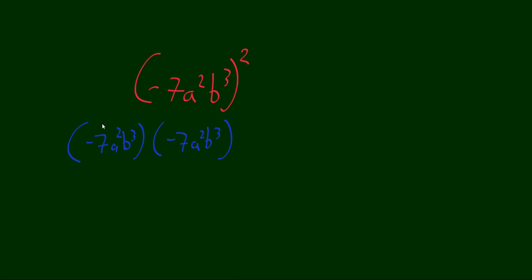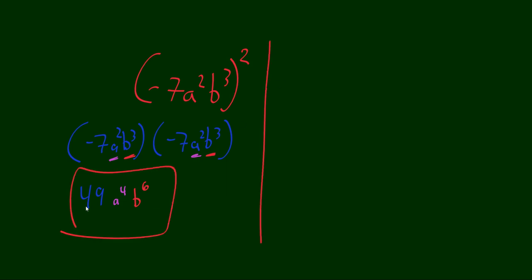You do negative 7 times negative 7 is 49. A squared times a squared is a to the 2 plus 2, which is a to the 4. And b cubed times b cubed is b to the 3 plus 3, which is b to the 6. We could do it like that, or we could think about it another way, and we'll get the same answer. This is going to be our answer.